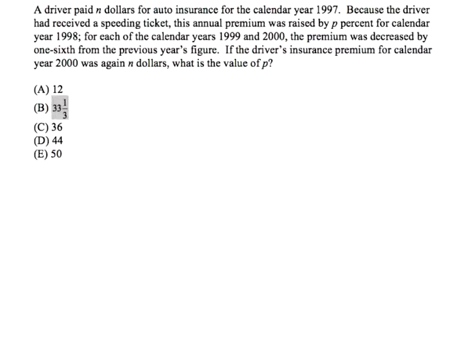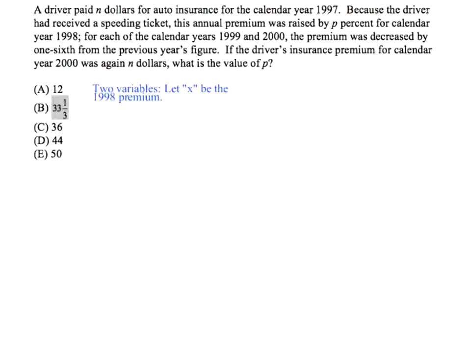One solution that uses two variables is let X be the 1998 premium. It's nice to have a variable there because that's the thing that you actually take fractions of, whereas P is a percentage; you don't take fractions of the 97 value.